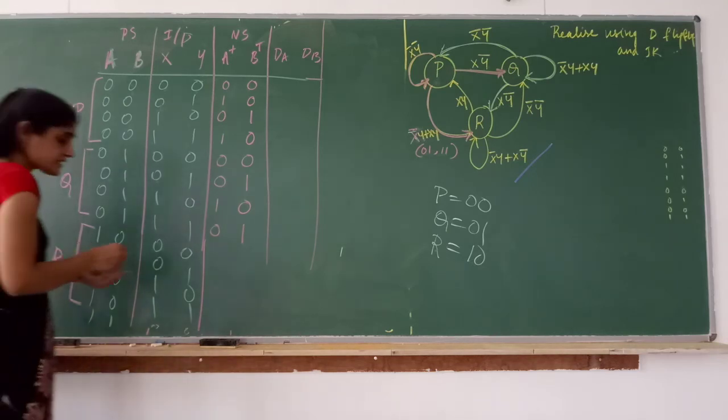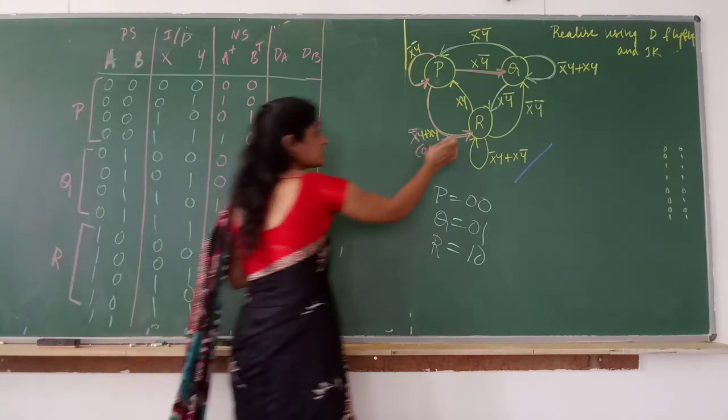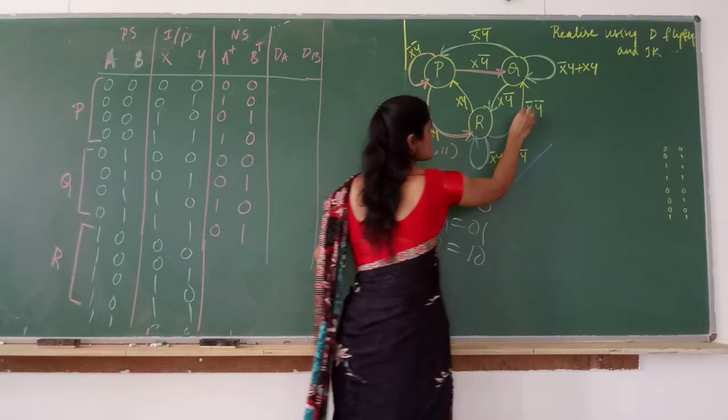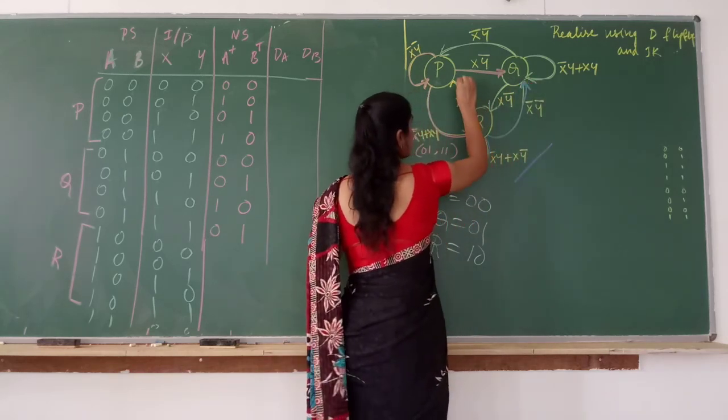If present state is R, 3 more arcs will be going out. This is 1, and this is 1, and this is 1.